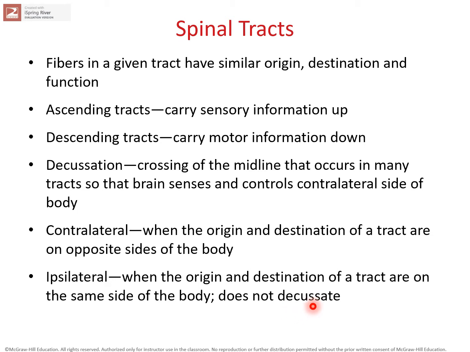They do not have to cross over from the left side to the right side. Okay, that's just an example. So be aware of the word decussation. And contralateral and ipsilateral are the terms you studied earlier while you studied anatomical terms. So this is just a good way to put what you've studied to use.